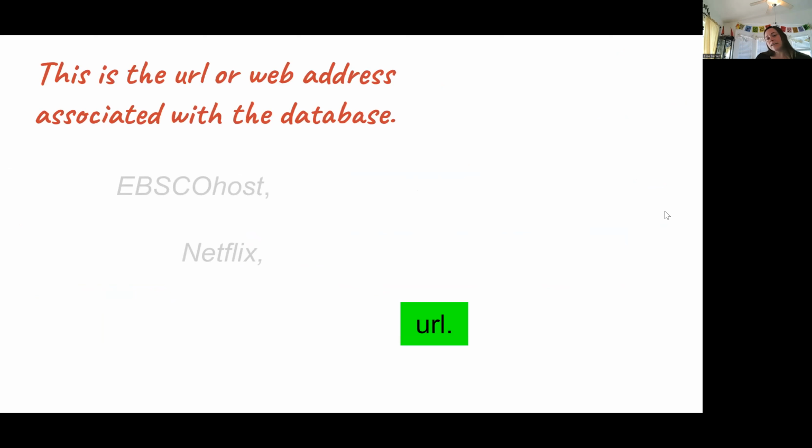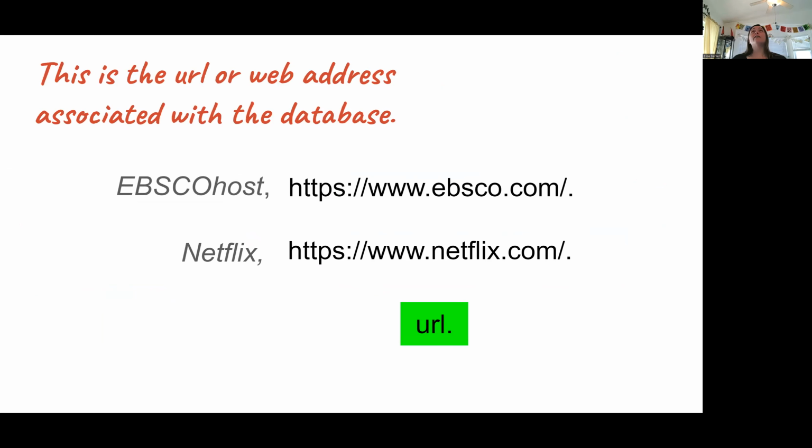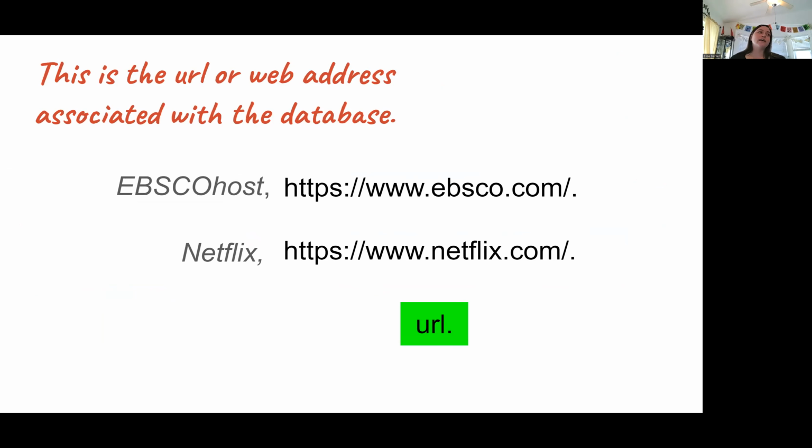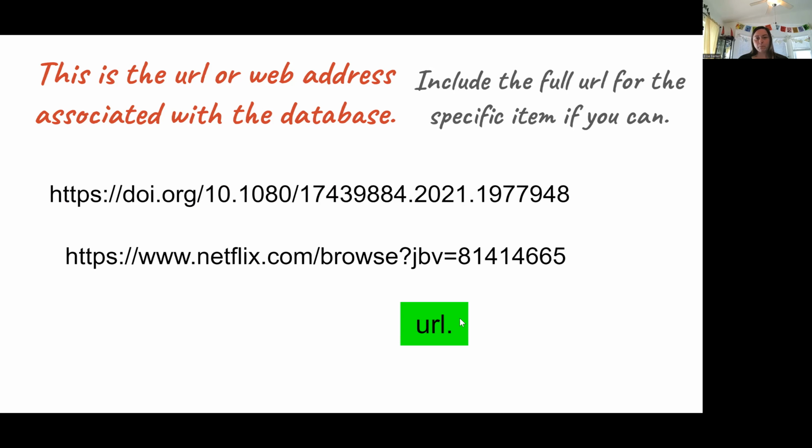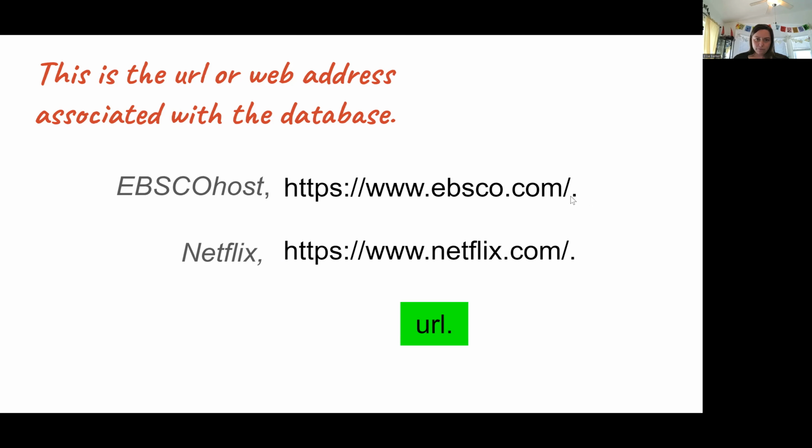The last thing that you will have if you've gotten a source from a second container is the URL associated with the database. So EBSCOhost, it'll look something like this, and Netflix, it'll look something like this. We end with a period. You can actually include the full URL for the specific item if you can at this point.